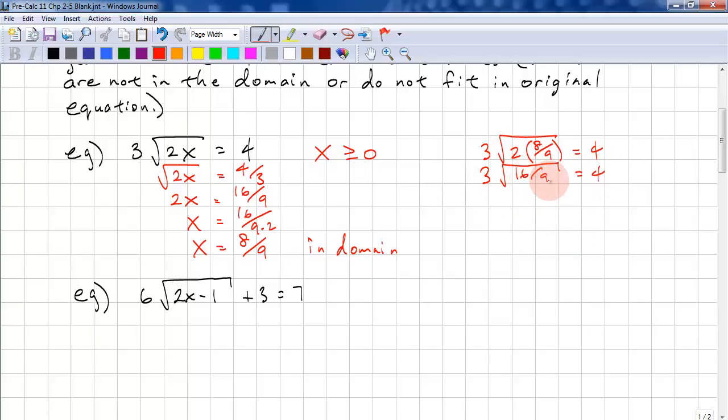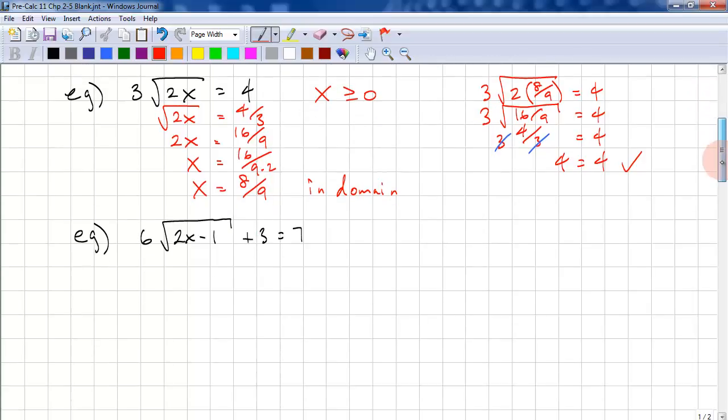This is 4 squared over 3 squared, so we have 3 times 4 over 3 equals 4. The 3's cancel out, and we have 4 equals 4. So our answer of 8 over 9 is correct.